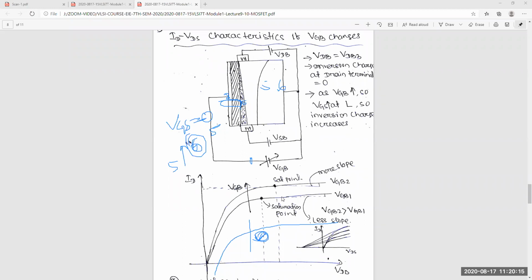That's why if anyone asks, suppose there is a normal ID-VDS curve, and we are increasing VGB, whether the threshold point will increase, decrease or not change. The threshold point will increase, meaning the current will increase and the point will also increase. You can see your current is increasing and the threshold point is also shifting to another point.